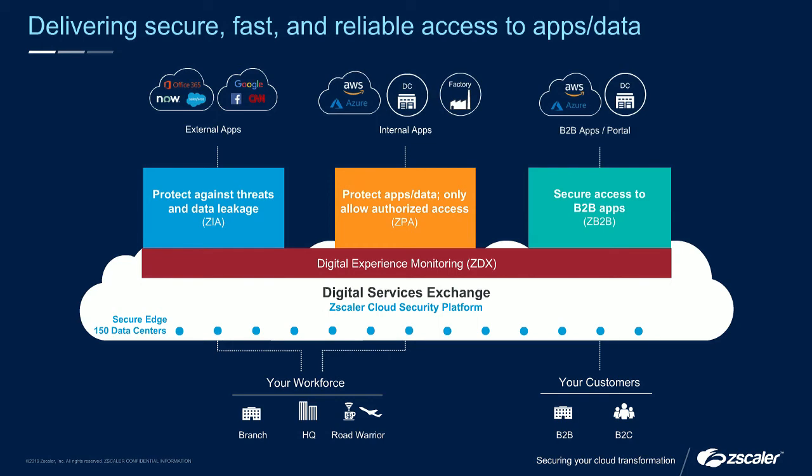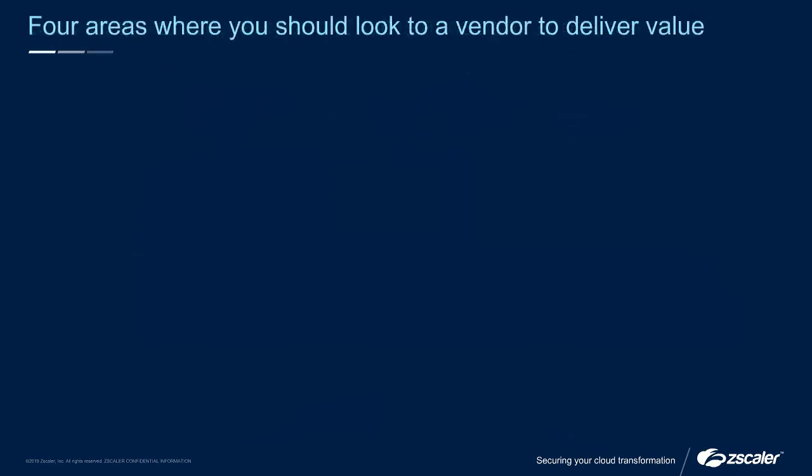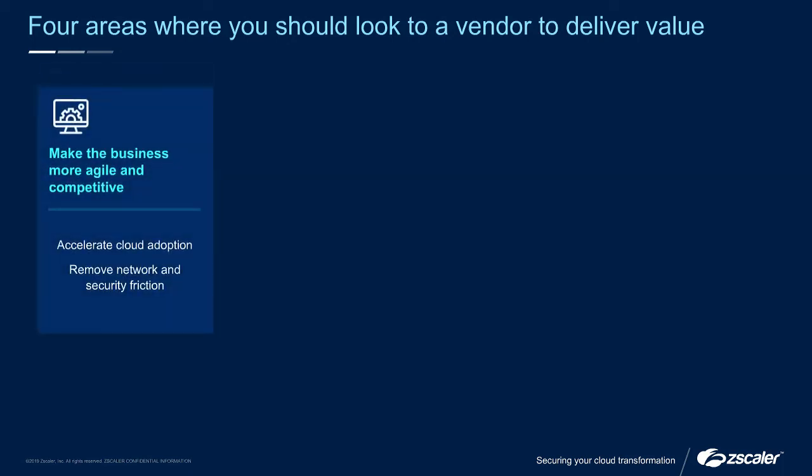So what are the things that you want to look for from a vendor in order to be able to give you all of these things? The first is that you want the business to be more agile and competitive. So you want to accelerate cloud adoption and make things as frictionless as possible.